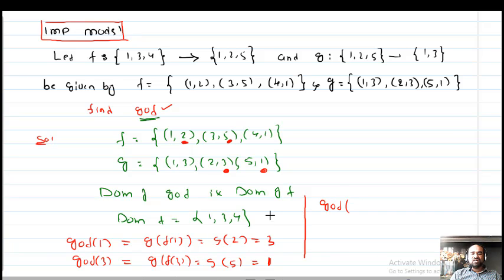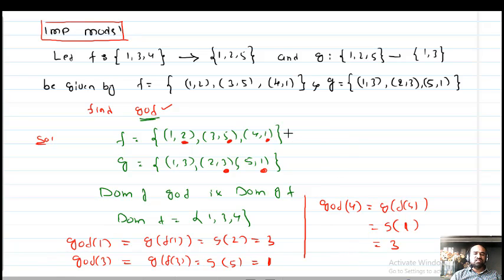Next, G circle f of 4 I want, students. So G of f of 4. F of 4 is 1. G of 1 is 3. So 4 is paired with 3 under this.